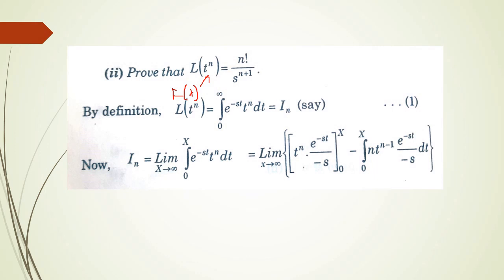Now let us assume that this expression is I of n, because it is very much necessary over here. This I of n will then be solved using integration by parts. Now let us understand what integration by parts actually is.